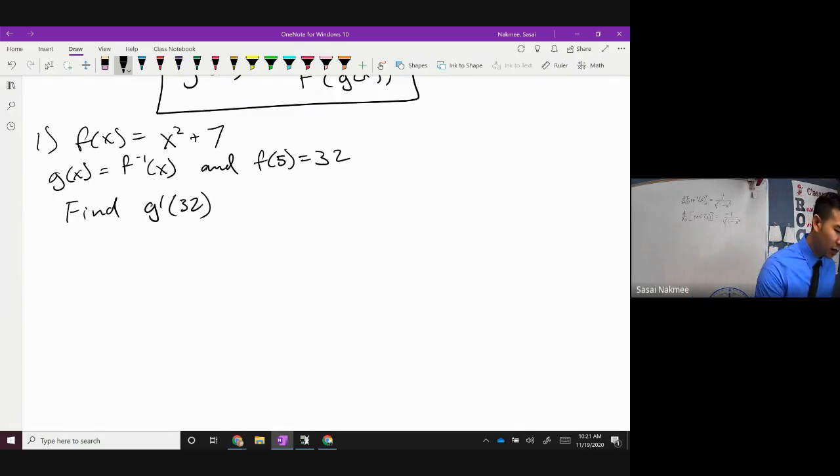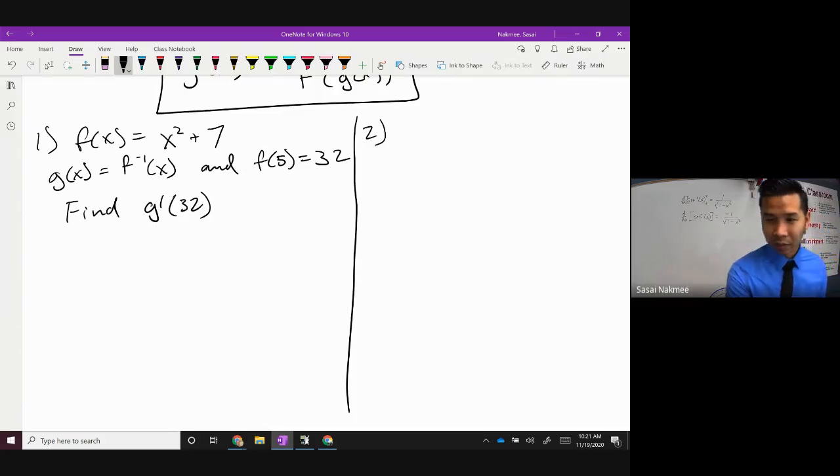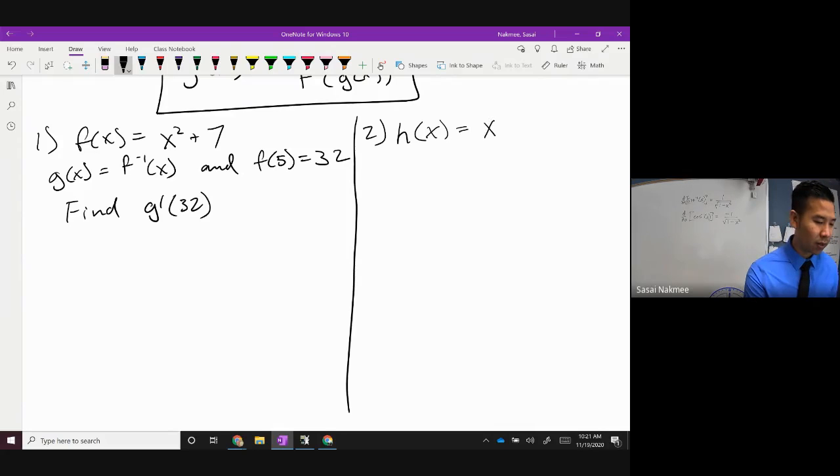And if you're able to finish that and you're still waiting, I suggest you try this one over here. For number 2, I'm going to switch up the letters of the functions, and I'm hoping that doesn't mess you up too much. I hope you guys see that it's the same stuff, different names. So instead of f of x, I'm going to call it h of x. H of x is equal to x cubed plus x.